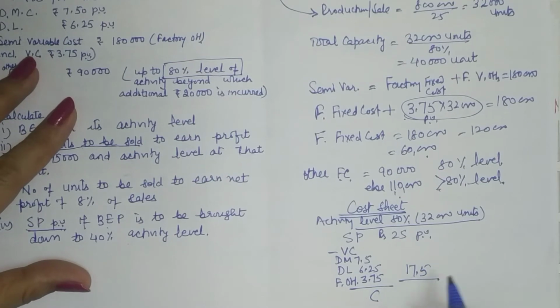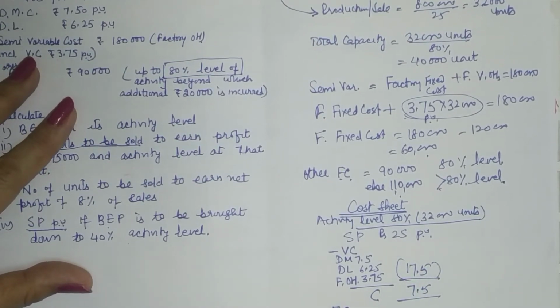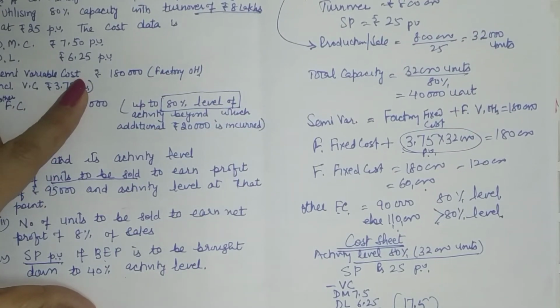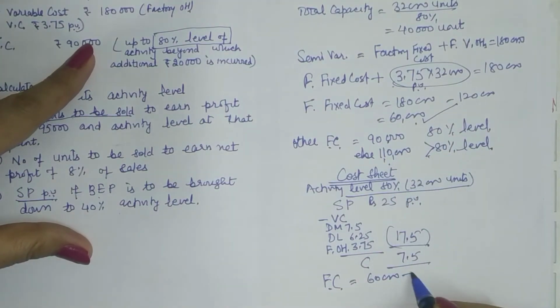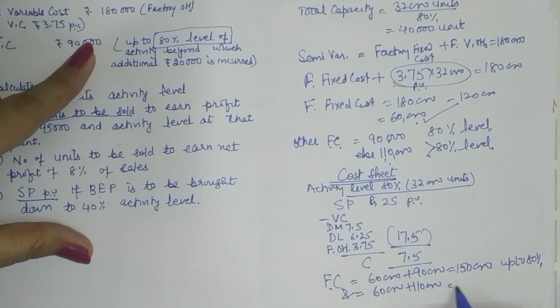That gives you 17.5. So your contribution is going to be 7.5 and your fixed cost is going to be 60,000 of factory cost that you have calculated, plus other fixed cost. So 60 plus 90, that is 1,50,000 up to 80% capacity level, or 60 plus 1,10,000, that is 1,70,000 for above 80% capacity utilization.